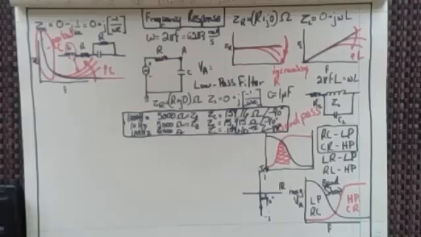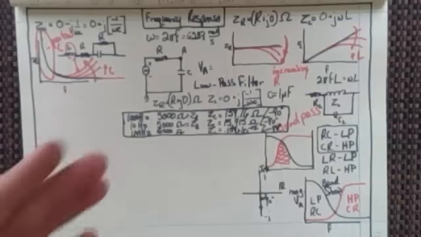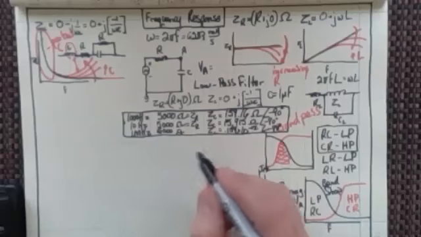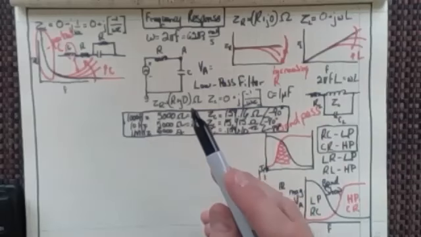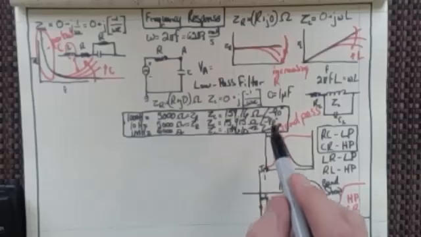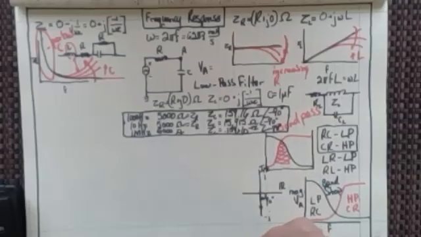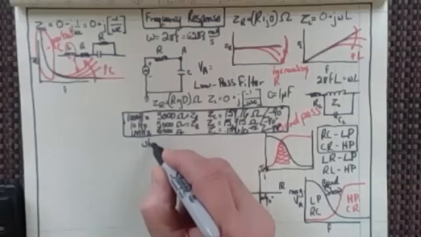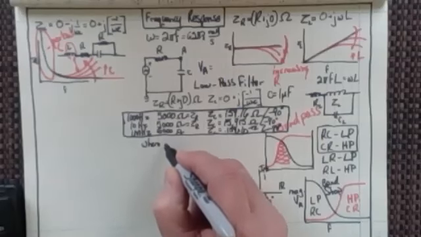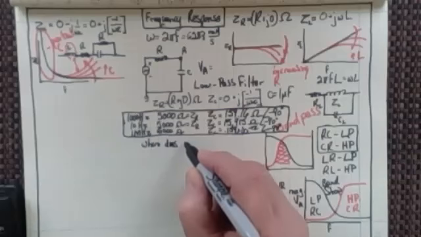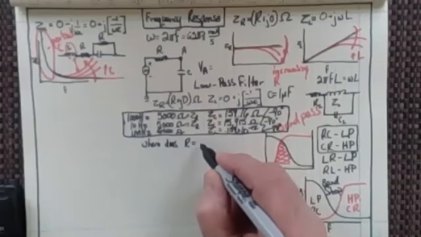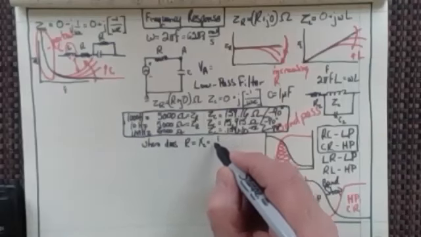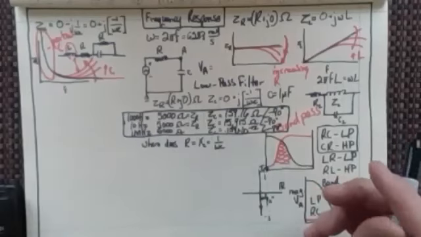impedance that predominates. So now let's look at this, because what I really want to find out is where R equals X sub C, right? So where does R equal X sub C, which is 1 over omega C?